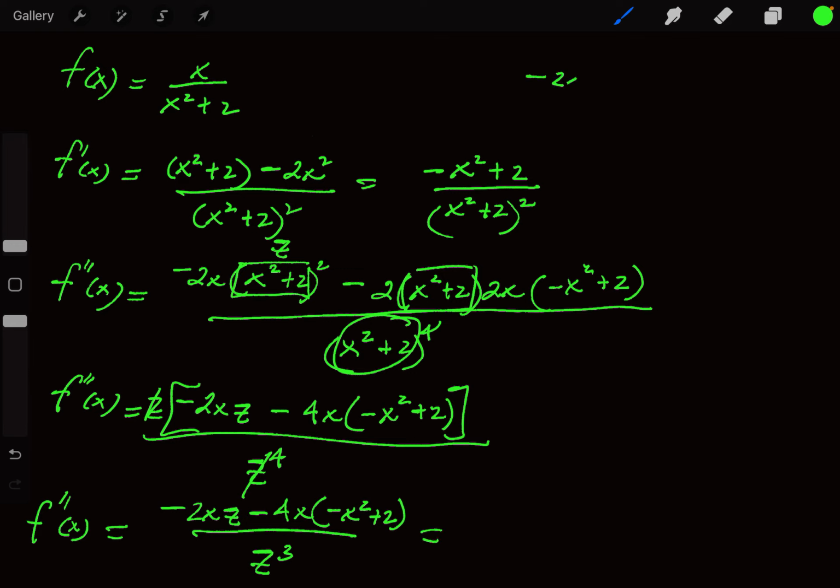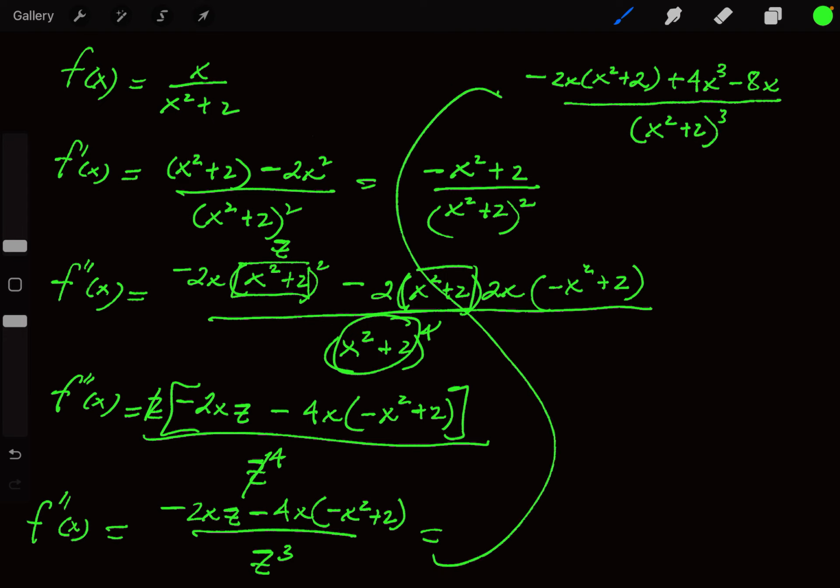So now I got negative 2x, z is this x squared plus 2, plus 4x cubed minus 8x over x squared plus 2 cubed. And then this here is going to simplify a little bit more.